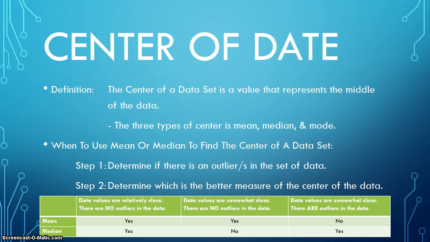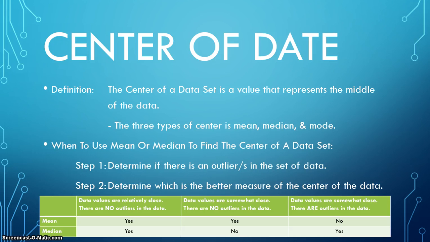Now, those three are all measurements of the center of data. Sometimes one is a better measurement than the others, and how we're going to determine that is as follows: when to use mean or median to find the center of data. Step 1, determine if there is an outlier or outliers in the set of data.